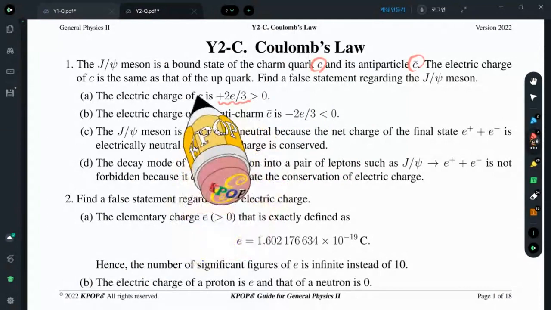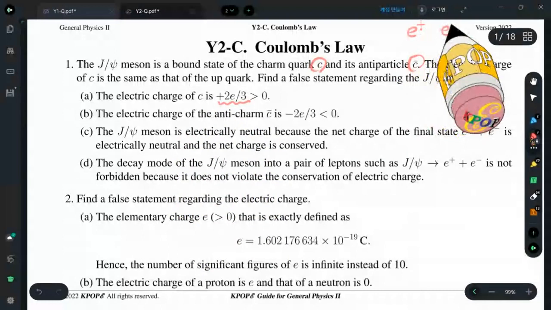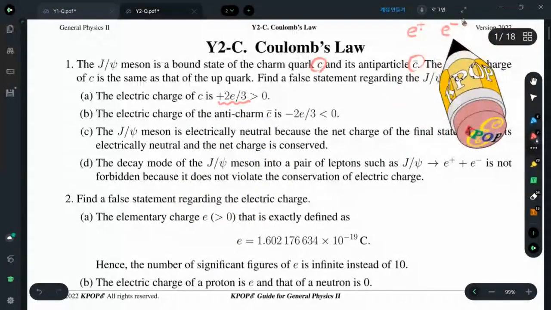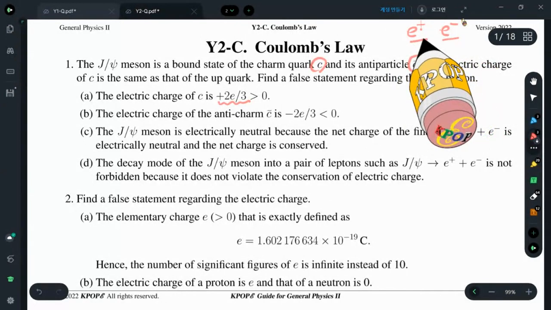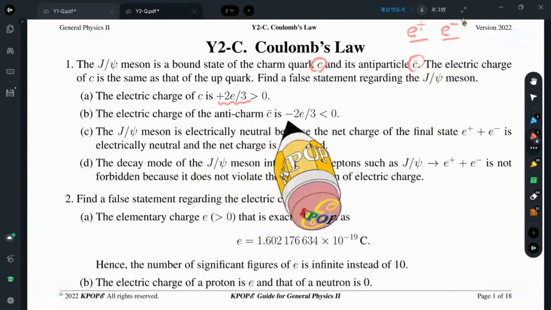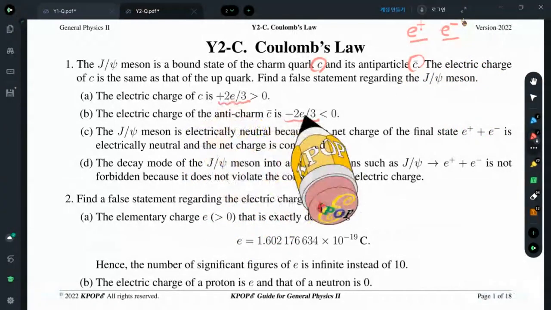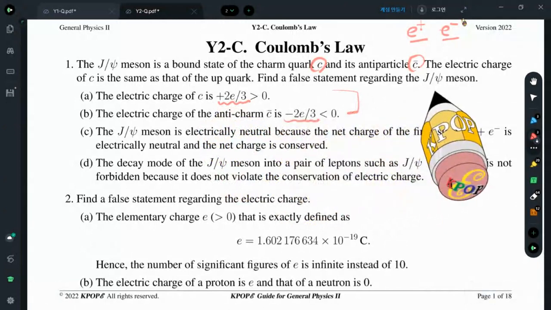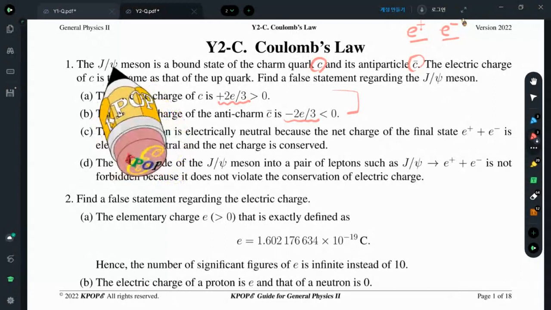An antiparticle, just like the positron is to the electron, has equal magnitude of electric charge but opposite sign. So the anti-charm has a negative sign on it. The sum of these two charges becomes 0. That means that J psi is an electrically neutral particle.